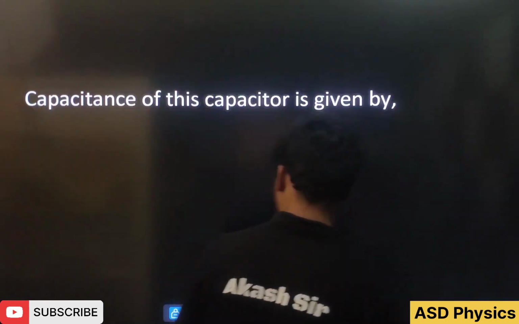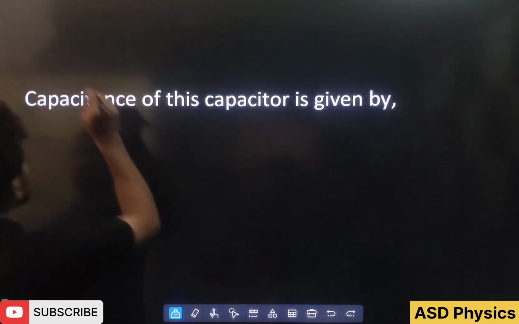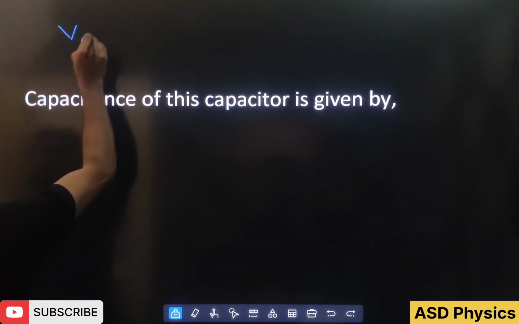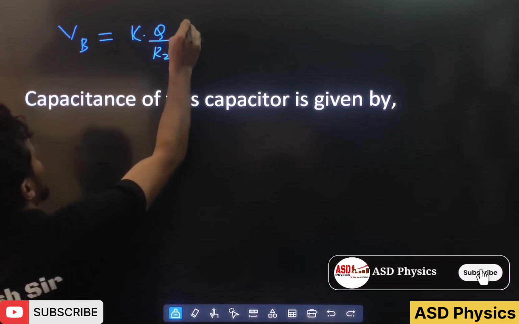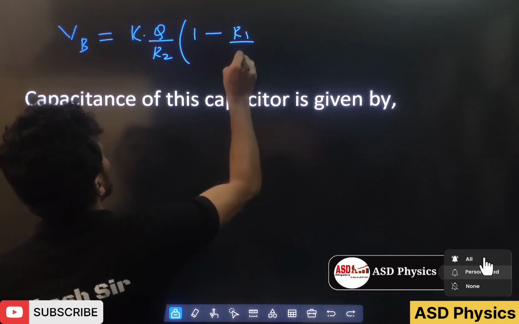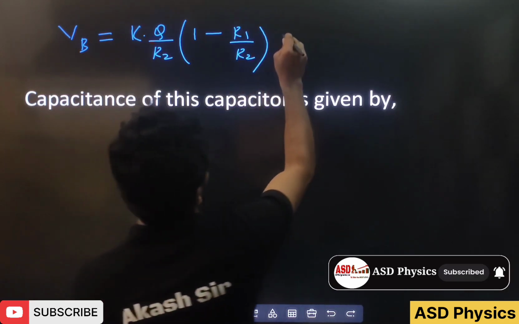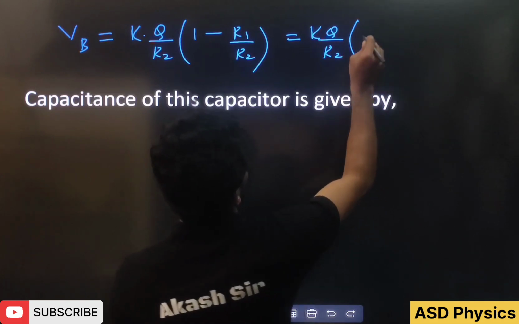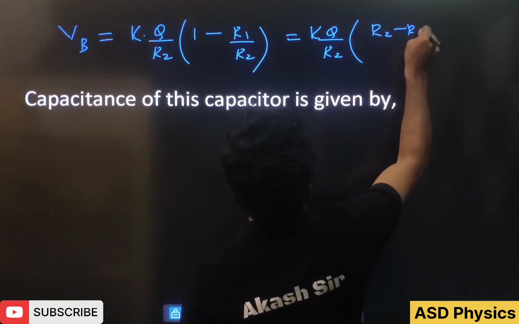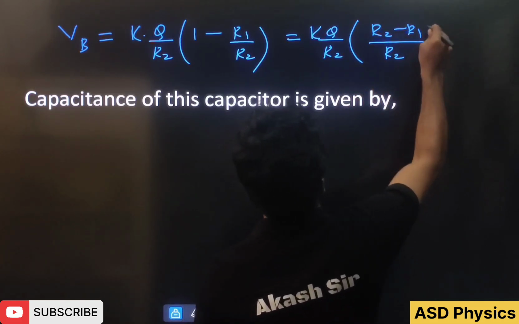This is the potential at point B. Even if you take the LCM, KQ by R2, and here R2 minus R1 by R2.